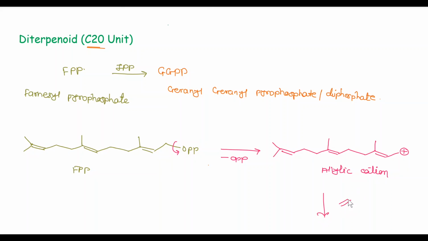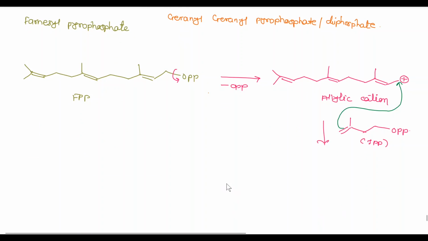In the next step, addition of IPP to this allylic cation gives a tertiary carbocation.